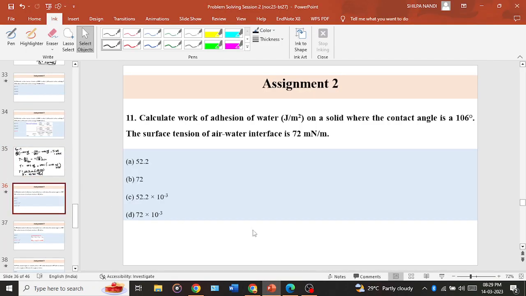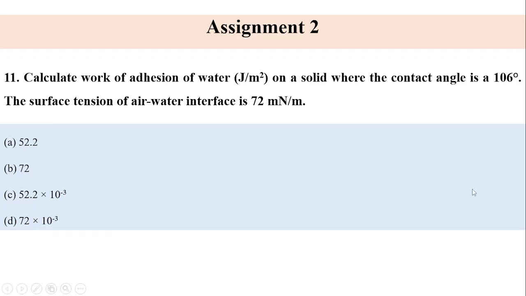So the 11th question is, you have to calculate the work of adhesion of water on a solid where the contact angle is 106 degrees and the surface tension of the air-water interface is 72 millinewton per meter. You have to calculate the work of adhesion of water in terms of joule per meter square.